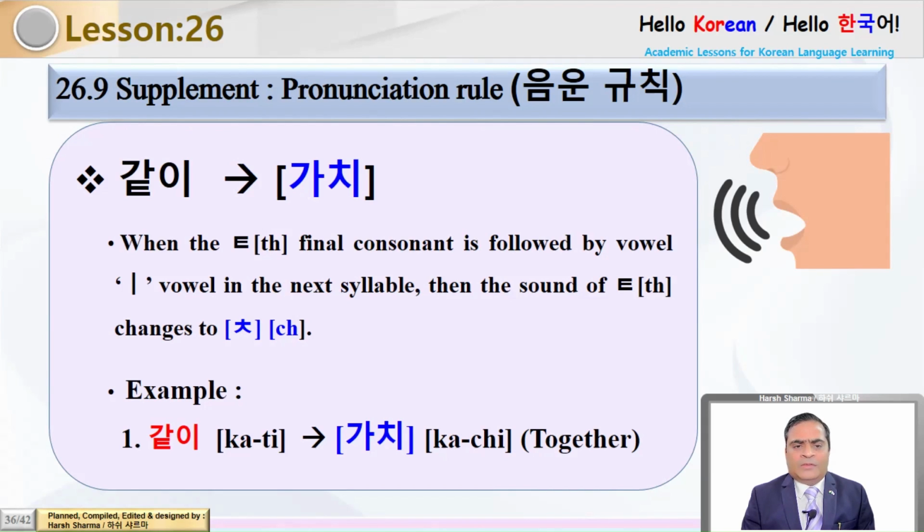No. Pronunciation of this word will be 가치. The rule is when the ㅌ final consonant is followed by the vowel 이 in the next syllable, then the sound of ㅌ changes to ㅊ. Yes, we have to memorize this. So 같이 will be pronounced as 가치. Okay, see once again, 여러분. Do the pronunciation, say 같이, like this. Meaning is together, 여러분.